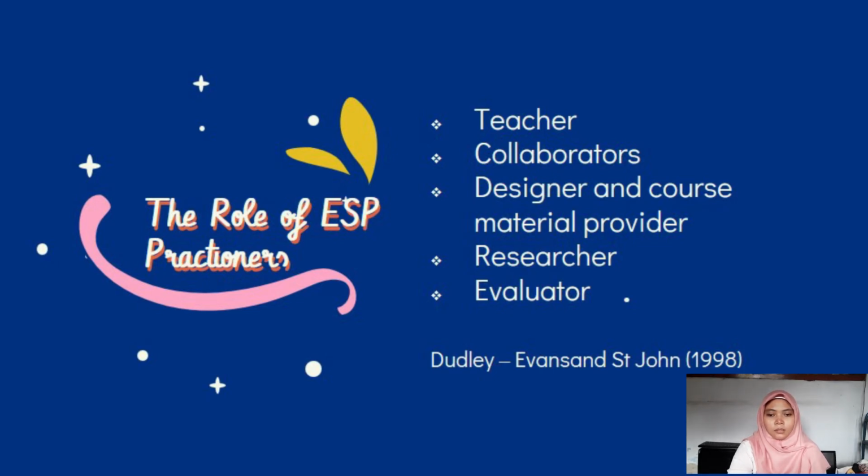Next role, as a course designer and material provider. And the fourth role, as a researcher to find out the material in accordance with the target field. And the last one, as an evaluator to find out the result or the achievement of ESP.